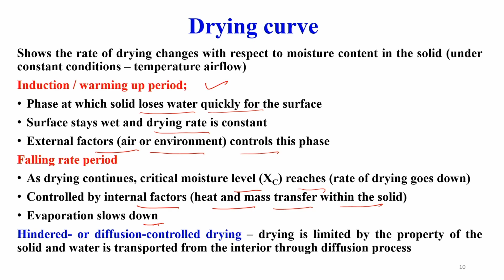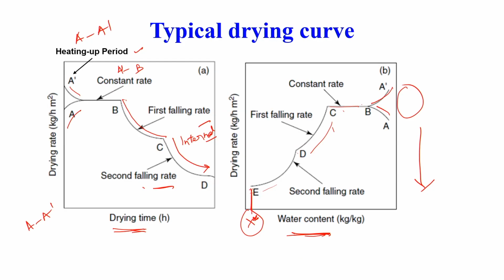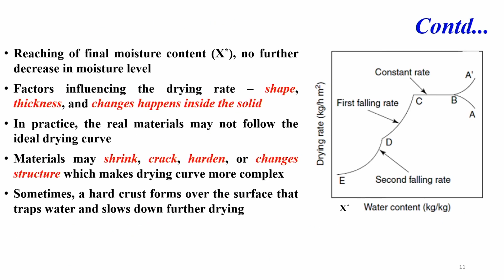Further, in hindered or diffusion controlled drying, drying is limited by the property of the solid and water is transported from the interior through the diffusion process. This corresponds to the second falling rate period. Now it reaches the final moisture content x naught, with no further decrease in the moisture level.